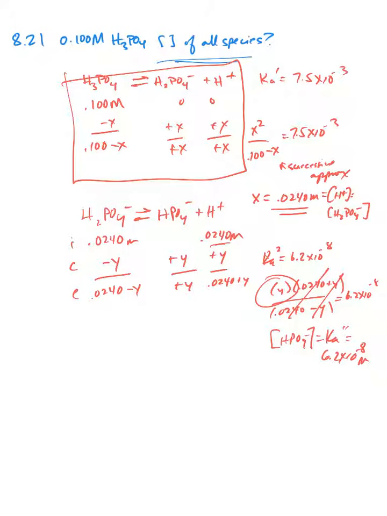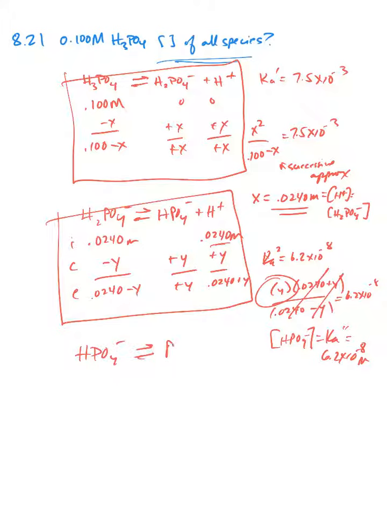And then finally, what do you do for the loss of the third proton? In this case, the hydrogen phosphate dissociates into phosphate anion and another proton, but the ICE table, you have to be careful, is going to include an initial concentration that we just calculated, but the concentration of the protons is mostly coming from the first loss up here, so here we have this value put in.